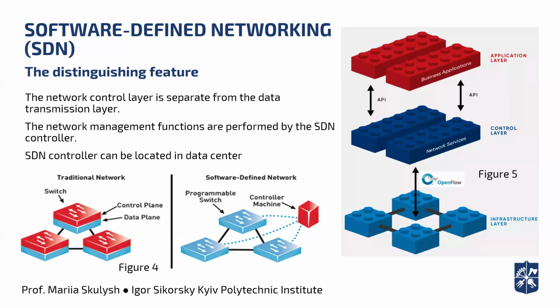The controller layer receives the request from the infrastructure layer and sends the request to some application, for example a routing application, which calculates the best path for this request.